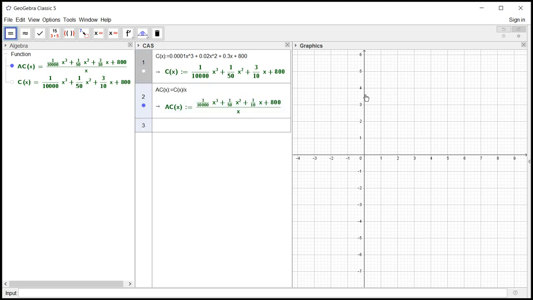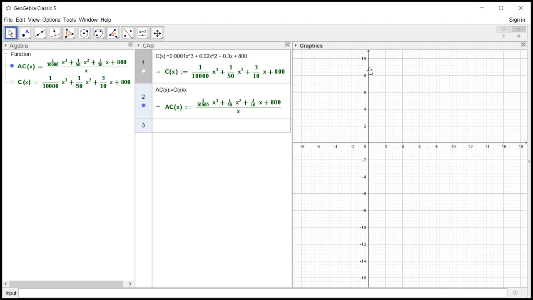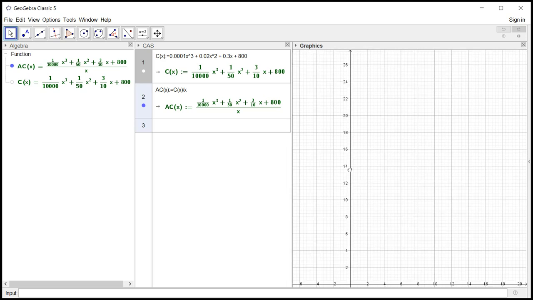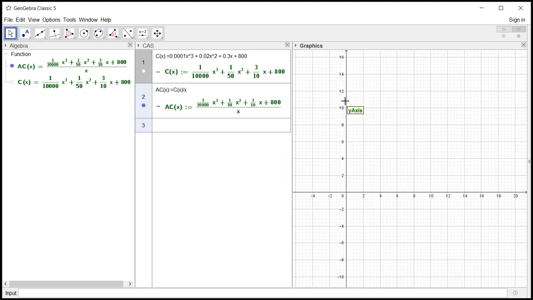Let's look at the picture here. I think the window is too small to see it, so let me rescale this so that we can see the picture a bit.